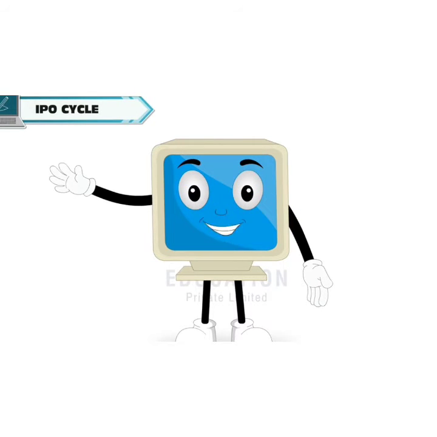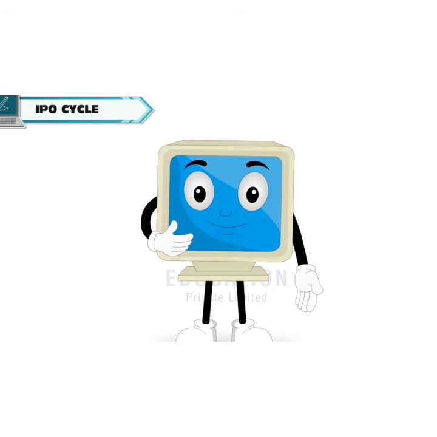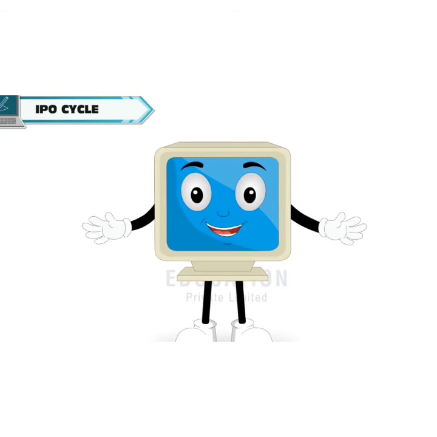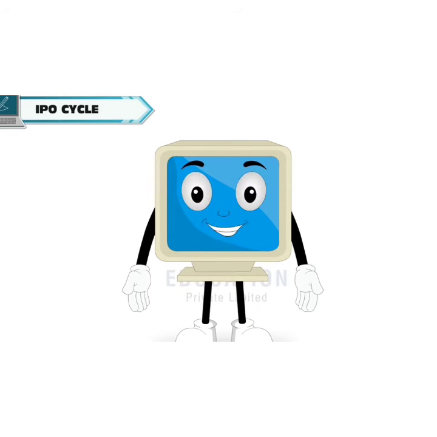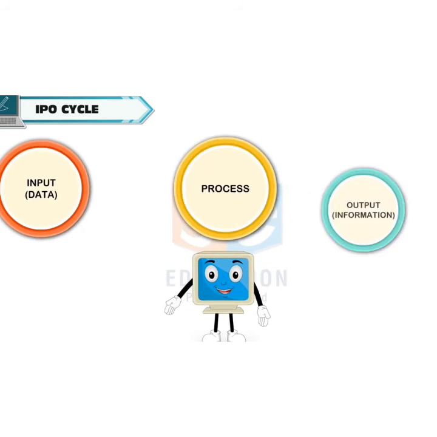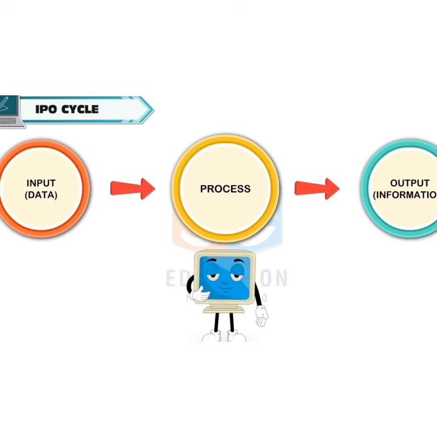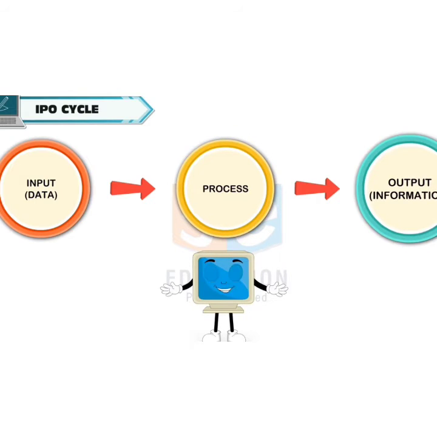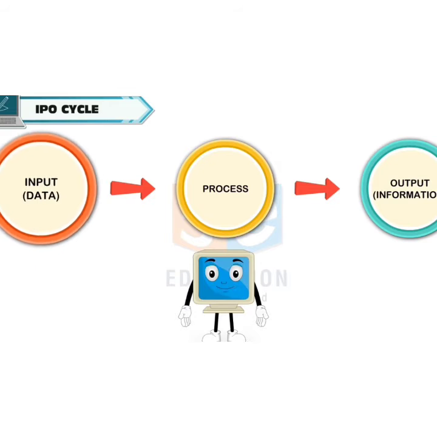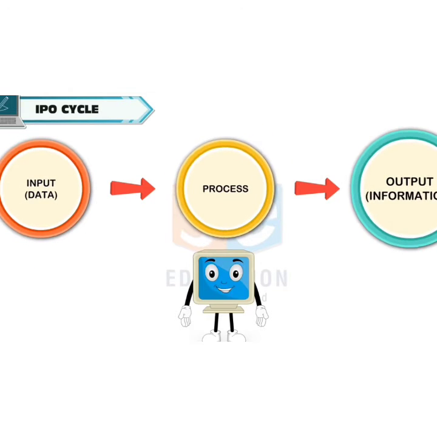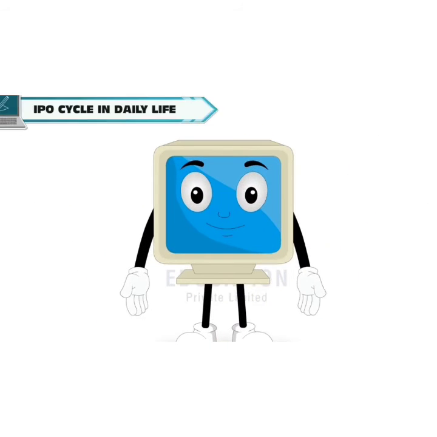How do the parts of a computer system come together to work? To do any work on computer, we have to follow these 3 simple steps. Step 1, input. Step 2, process. And step 3, output. This is called IPO, or input, process, output cycle.